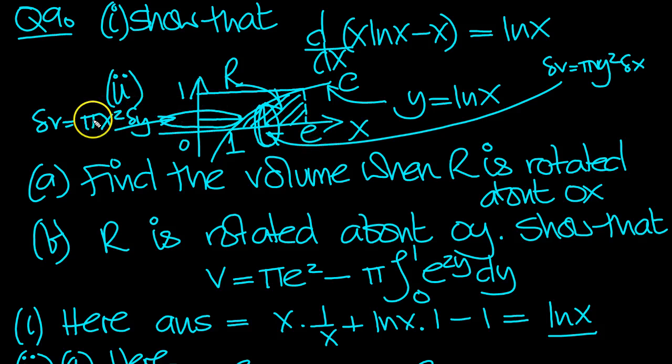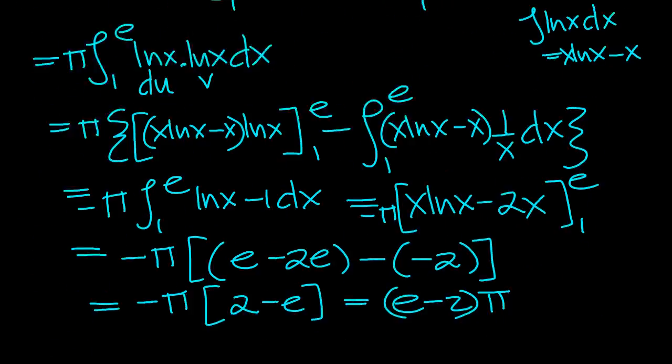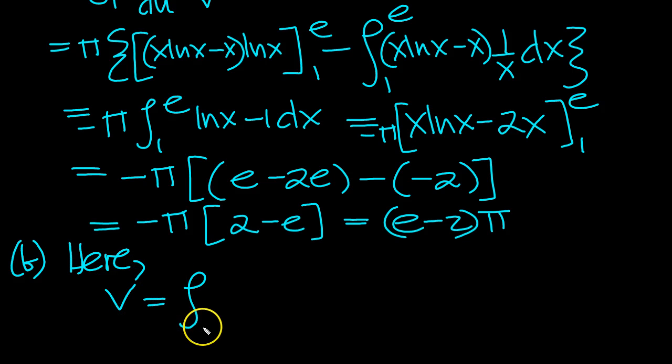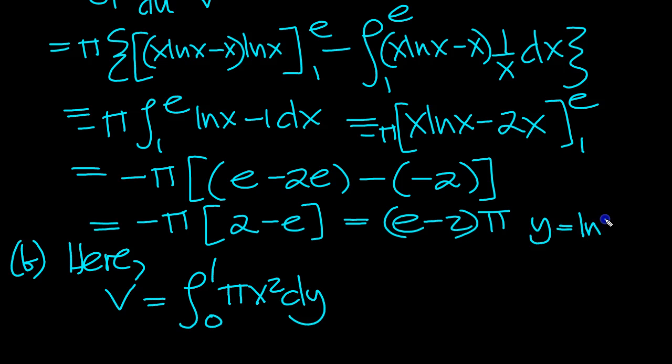Okay, that's what we've got then. That's the volume, pi x squared delta y, and we know what x is. It's e to the y. So let's have a look at this then. Pi x squared delta y. So part B, here, the volume is equal to the integral between 0 and 1, wasn't it, of pi x squared dy, and y is equal to log x, wasn't it?